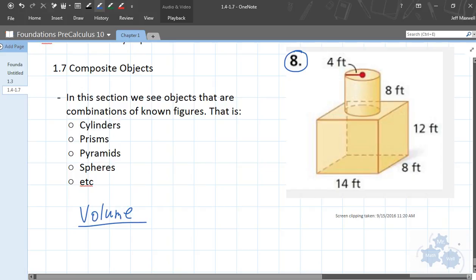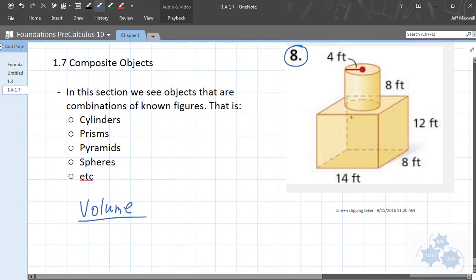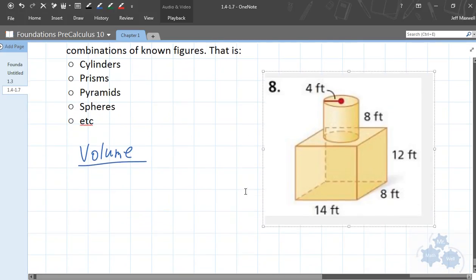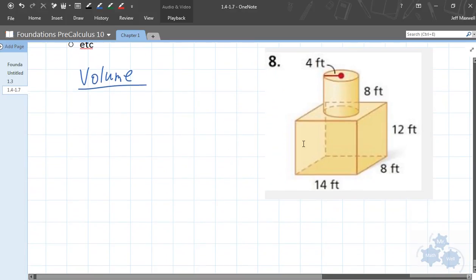Okay, the volume. Now, volume is pretty straightforward because it's basically just the sum of the volumes of each figure. You don't have to worry about overlap of a side area or anything like that. That's going to come next.